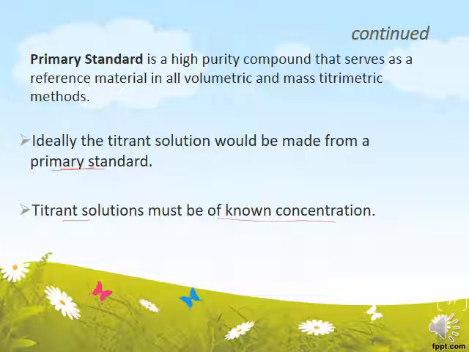Like in the previous example, the figure of hydrochloric acid titrated with sodium hydroxide. So sodium hydroxide is the one in the burette, as titrant, and it has to be known in terms of concentration, so we must know its concentration.